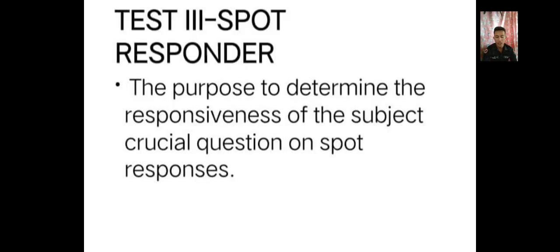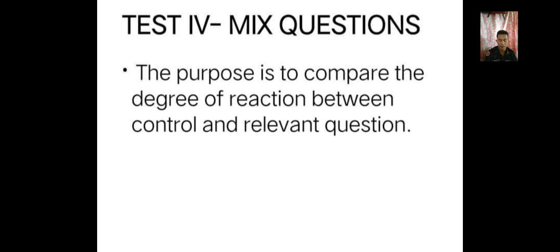Test 3, spot responder. The purpose is to determine the responsiveness of the subject to crucial questions on spot responses. Test 4, mixed questions. The purpose is to compare the degree of reaction between control and relevant questions.